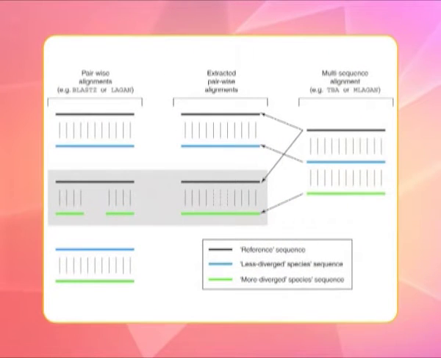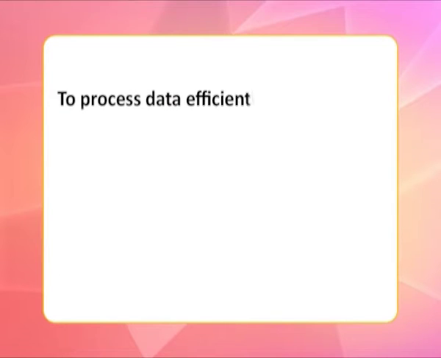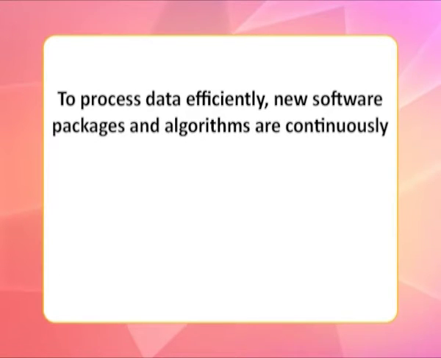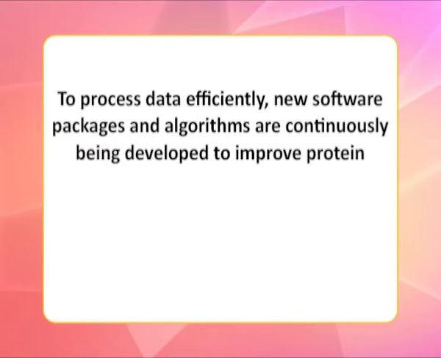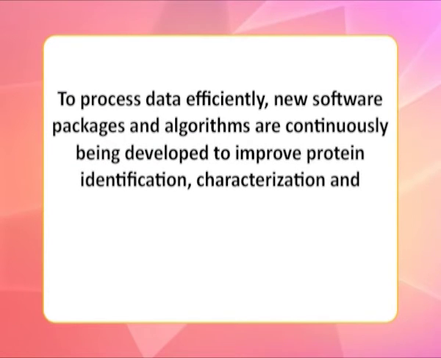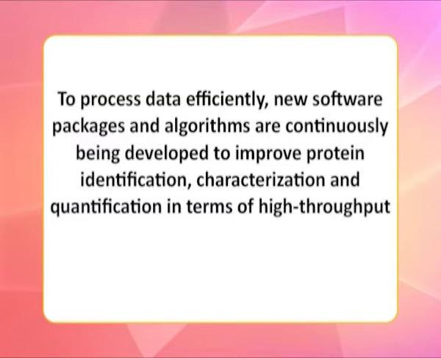Multiple sequence alignment of DNA, RNA, and protein is one of the most common and important tasks in bioinformatics. To process data efficiently, new software packages and algorithms are continuously being developed to improve protein identification, characterization, and quantification in terms of high throughput and statistical accuracy.